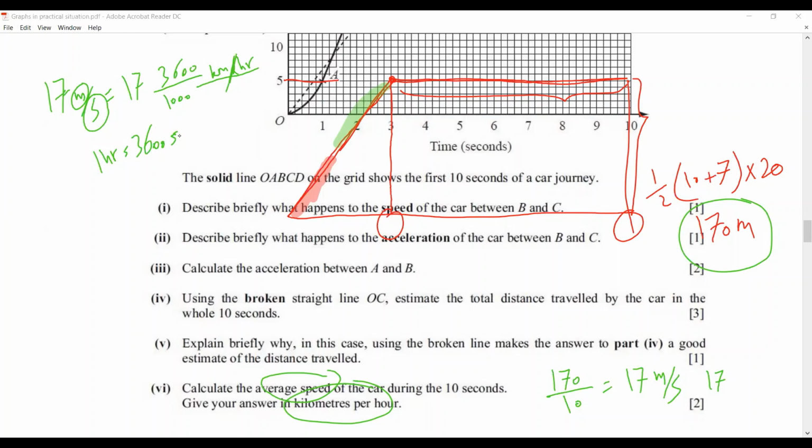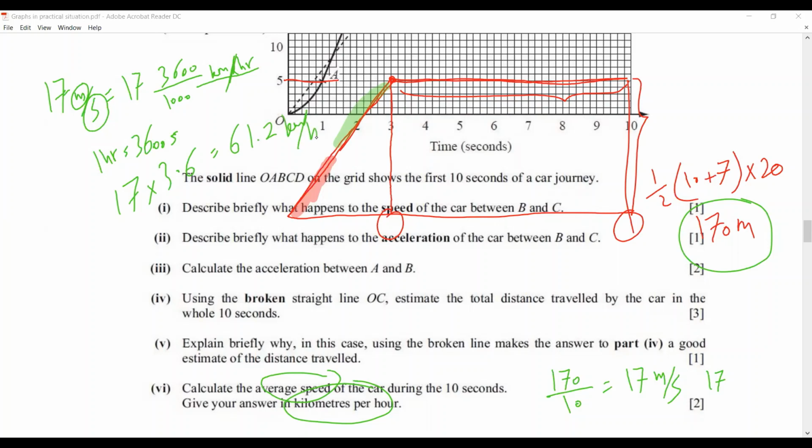And eventually you get the shortcut that I told you, just multiply it by 3.6 and you get 61.2 kilometer per hour, right?